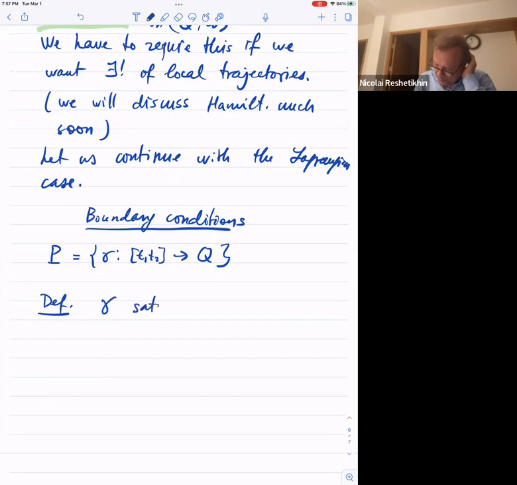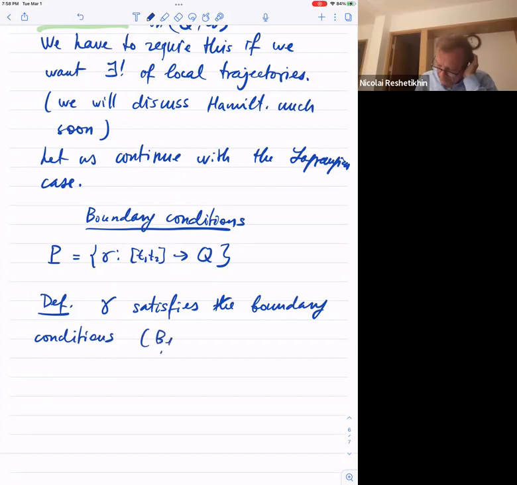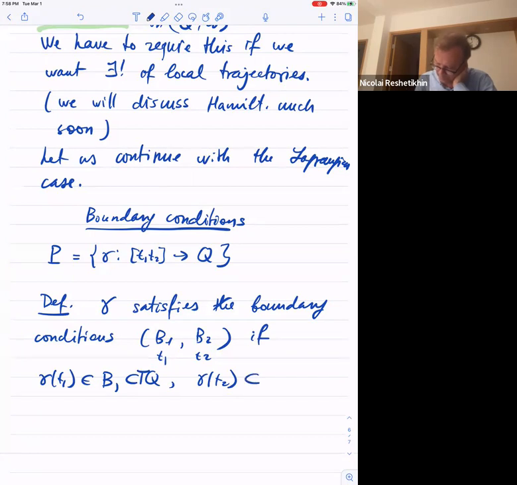Gamma satisfies the boundary conditions B1 at time t1 and B2 at time t2 if gamma t1 belongs to B1, where B1 is some submanifold in the tangent bundle of Q, and gamma t2 is in some submanifold B2 in the tangent bundle to Q.